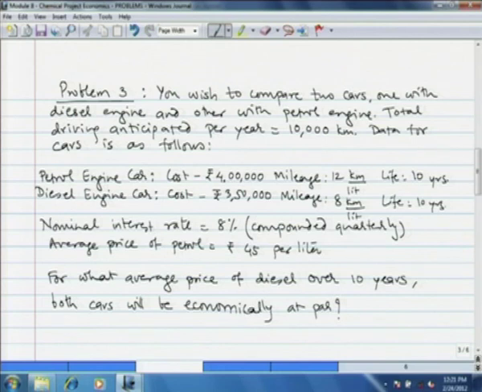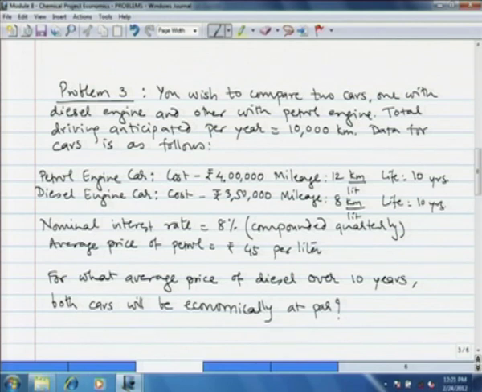The nominal annual interest rate can be taken as 8% compounded quarterly, and the average price of petrol, which is fluctuating quite a lot, we take as rupees 45 per liter. Okay. For what average price of diesel over 10 years will both cars be economically at par?